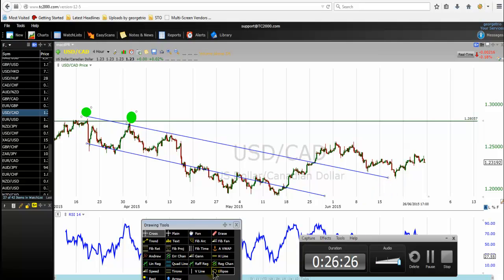Then I will select 1 point somewhere here, and I will draw a line that is parallel. Because we have a declining channel, we will give priority to what? A bearish signal or a bearish trade setup. So here we are. With these 3 points, we have our channel ready. We are trading the USDCAD, and we want to trade on the edge of a channel.